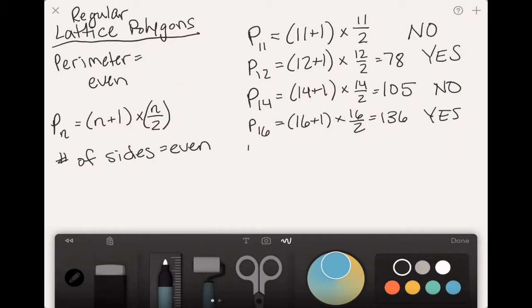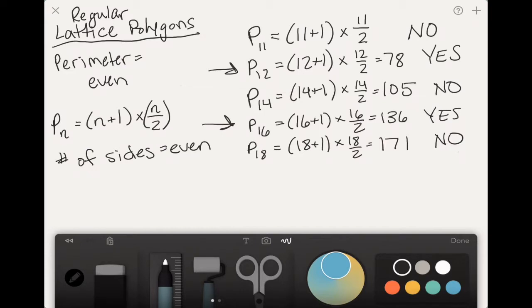Okay, what about 18? 18 plus 1 times 18 over 2. That's 19 times 9, which equals 171. No, that's odd. Okay, so there is a pattern here. It's looking like every other even number can give us a regular lattice polygon.